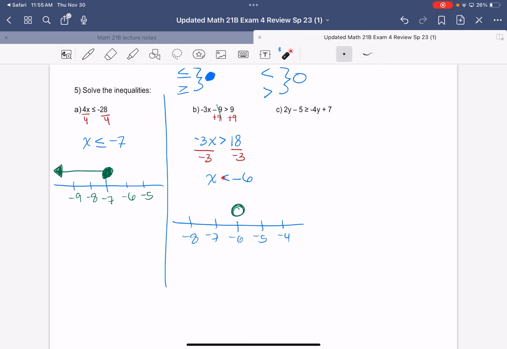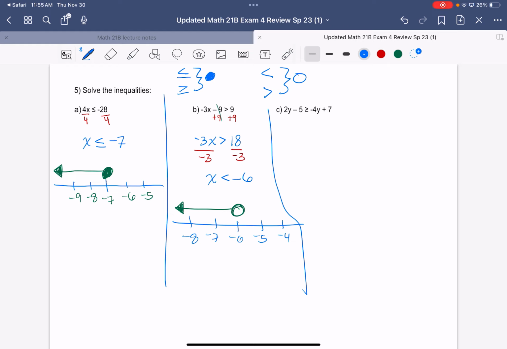See how this is pointing left? Less than, left. Any questions there?